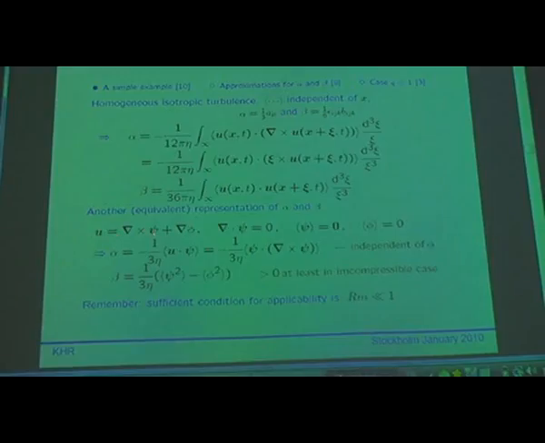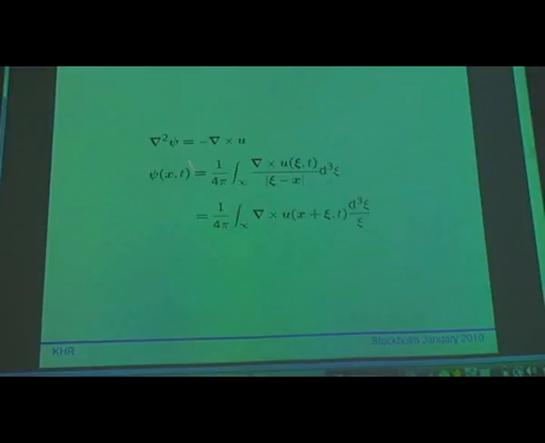That means you find Laplacian psi is minus curl u. And this is what is written here, again a Poisson equation, and you can write the solution in this form.